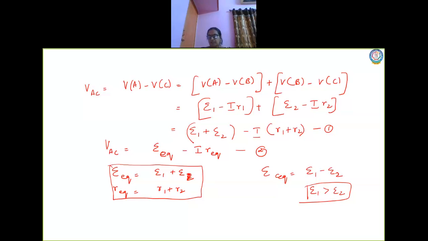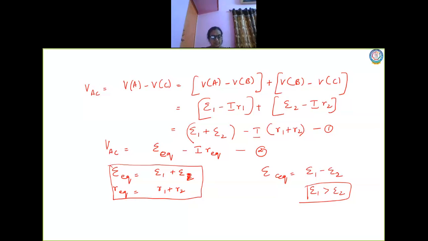So here come two important conclusions when cells are connected in series. The rules for series combination can be extended to any number of cells. Of course, this is with respect to two cells which I have taken, but this can be extended up to n number of cells, right? So what is the first conclusion we get?